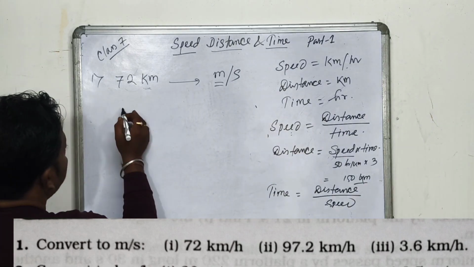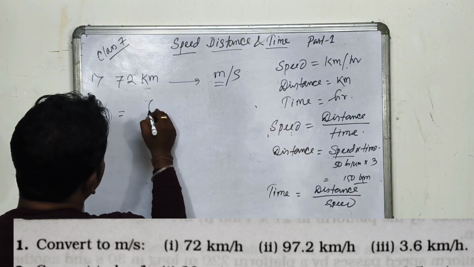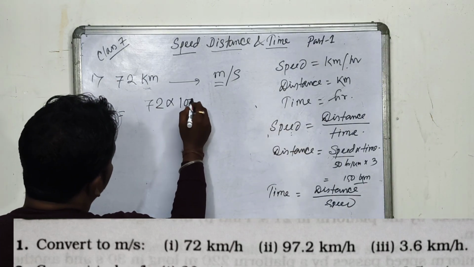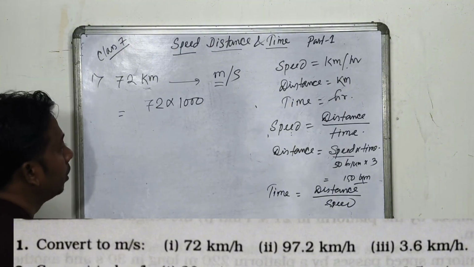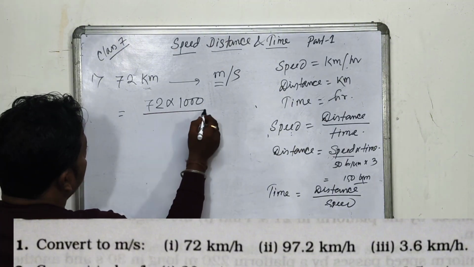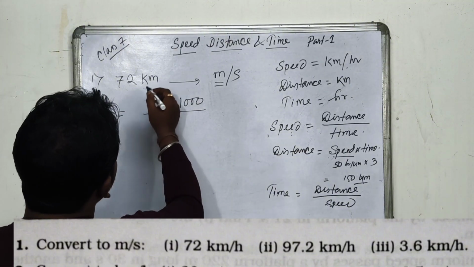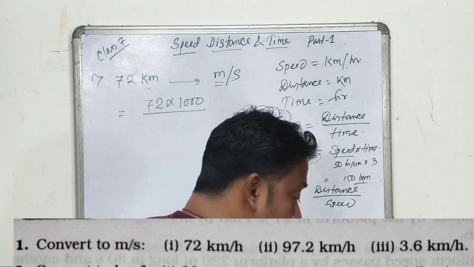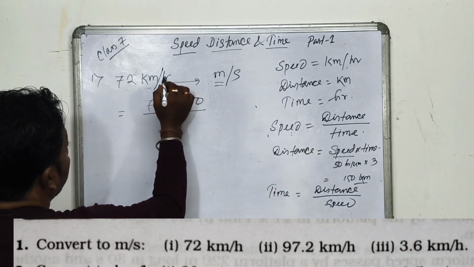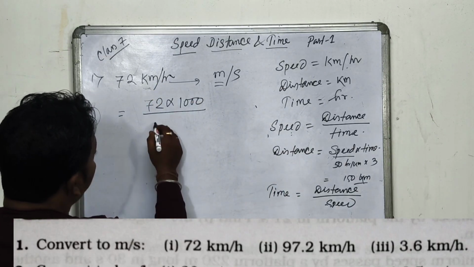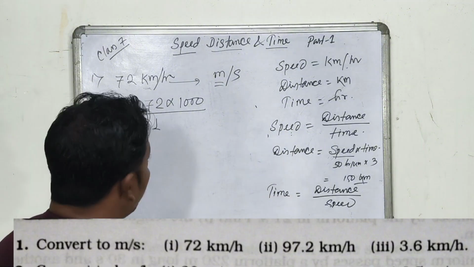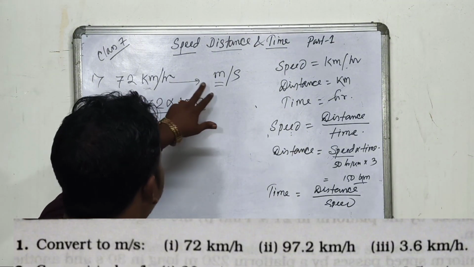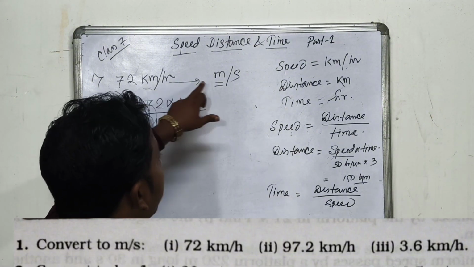So first convert this 72 kilometer into meter, that is 72 into 1000. Now it is in meter. 72 kilometer per hour is given, that means here 1 hour is given. So when we convert kilometer to meter, then we have to convert the hour into seconds.